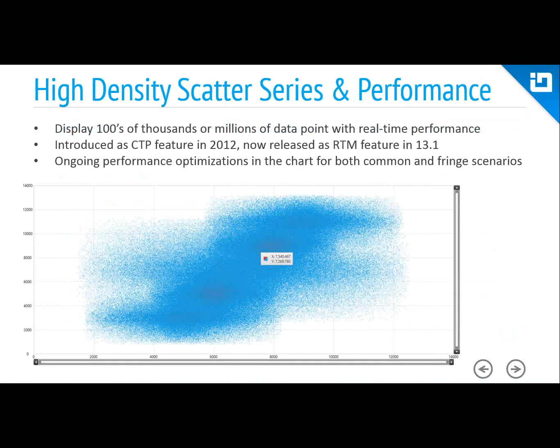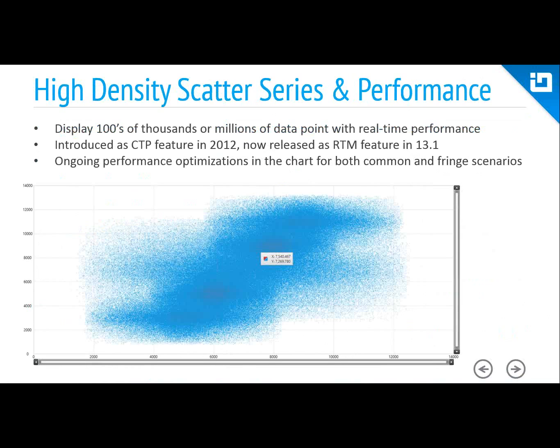And the high-density scatter series, the goal is to basically allow you to plot literally hundreds of thousands or even millions of data points in real time on a data chart. So if you have an insane number of points and you need to be able to zoom in, zoom out, navigate through those and do updates, this is the one for you. The way that it works, this series, is that we've basically sacrificed a few of the versatility features.